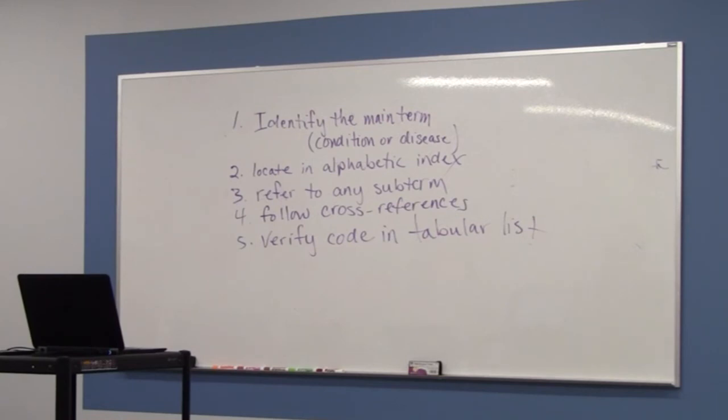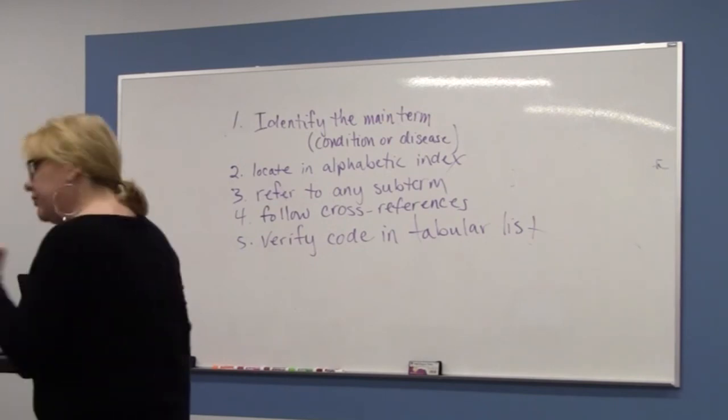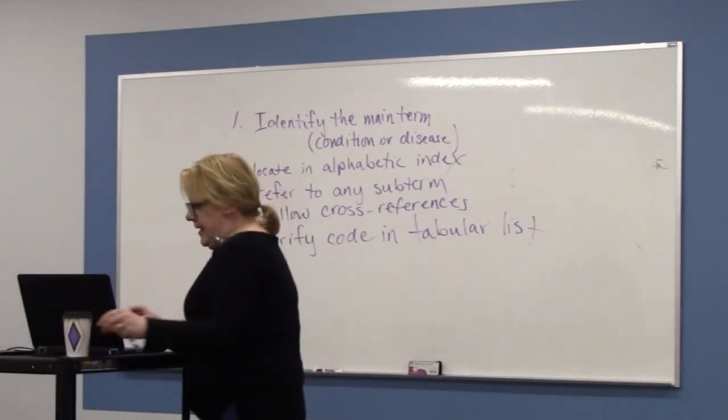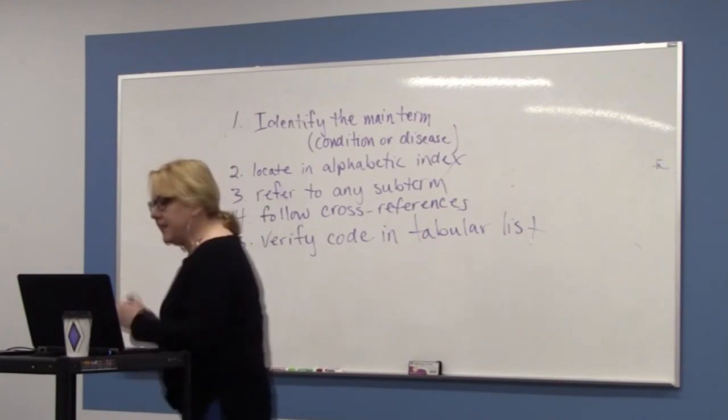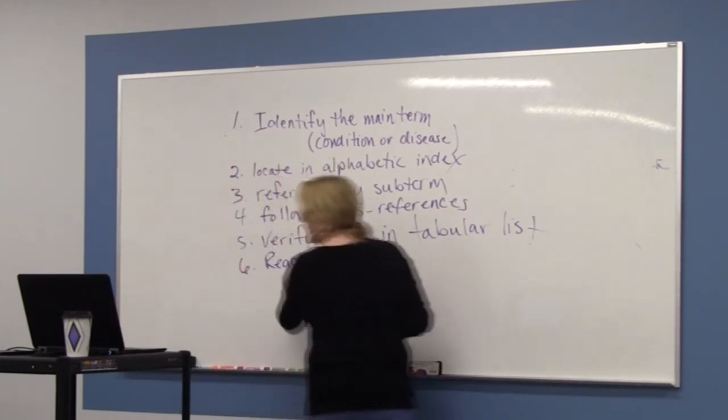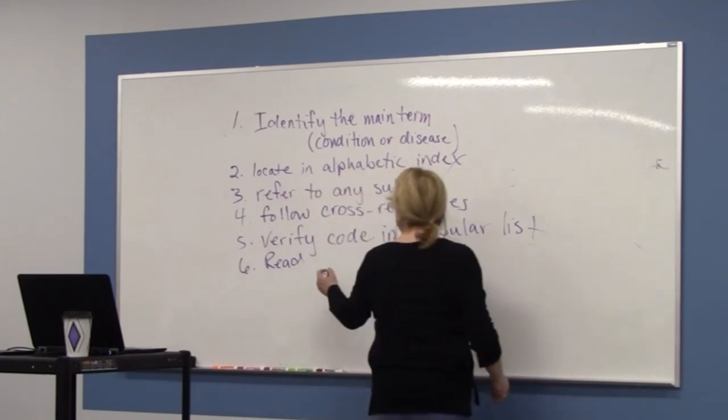Trust what the index told you to go to, okay? If something like that happens, just trust the index, but never code directly from the index, okay? And then once you're in the tabular, you're going to read and follow any instructional notes.